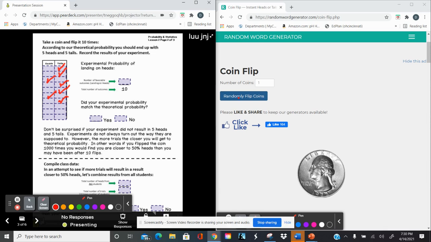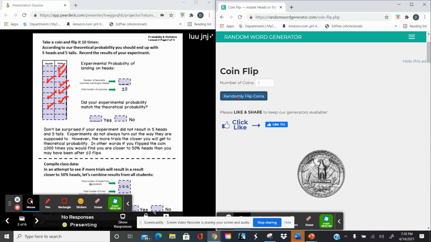Heads. Tails. And the last one is going to be tails.